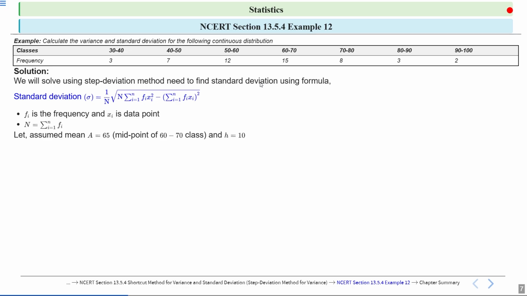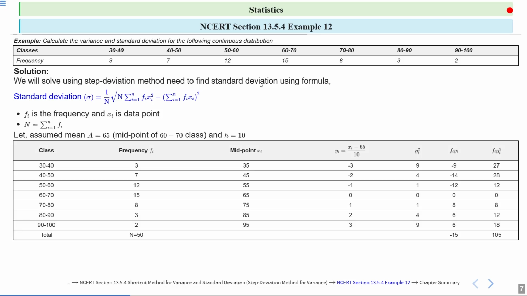For the step deviation method, we choose an assumed mean a, which is usually the midpoint of the class with the highest frequency. So here a is 65, the midpoint of the 60 to 70 class. And h is the class width, 10 here, since each class interval spans 10 units.